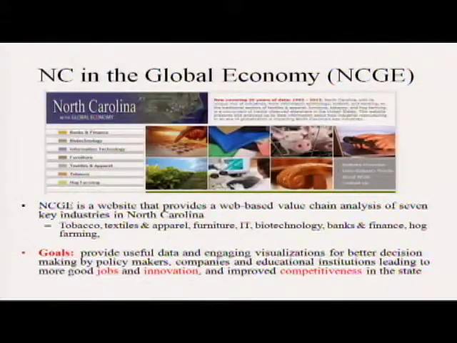Very final point, and I'll be quick here, just to illustrate the US. Somebody mentioned yesterday that as interesting as GDP is to policymakers, jobs are far more important. Employment is far more important. So we've got a website that we did at Duke on North Carolina and the global economy, and I was asked to give a briefing to the North Carolina congressional delegation in Washington 2 weeks ago about North Carolina.